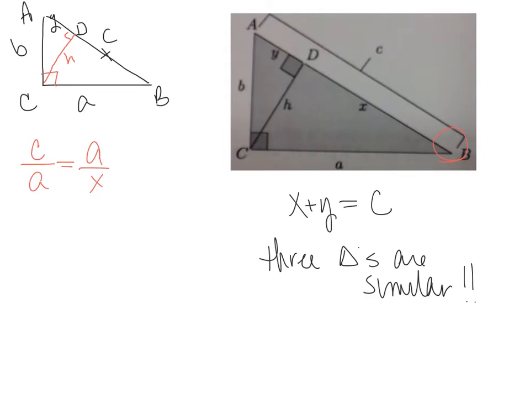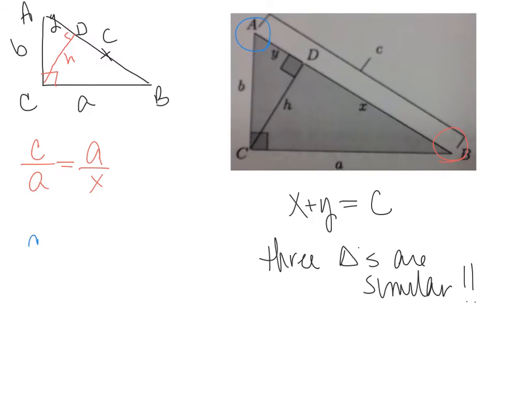Okay, now we can look at the two triangles that have angle A in their measure. Angle A is a part of triangle ABC and triangle ADC. And let's write some equivalent ratios that have to do with that one.